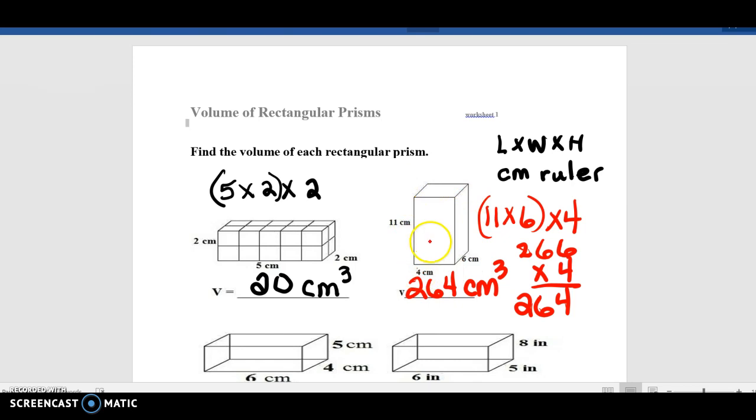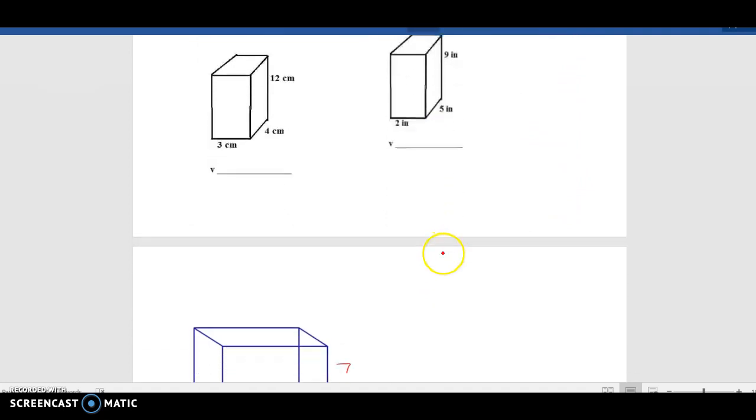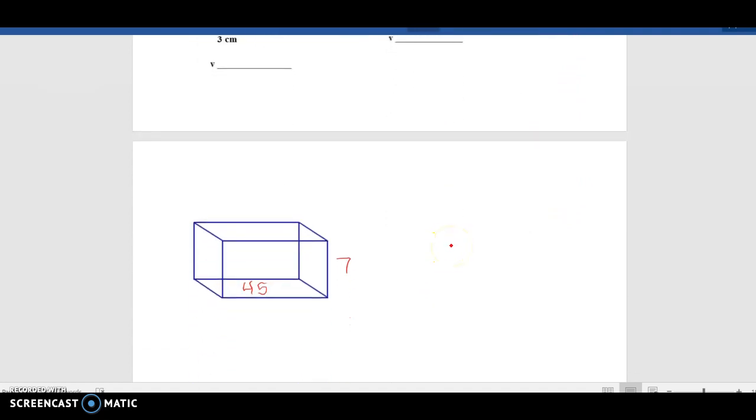Okay. Now, I encourage you to do at least one of these, find a figure that looks like this, where instead of giving you all of the sides, it gives you the height is 7, but it doesn't give you a separate length and width.